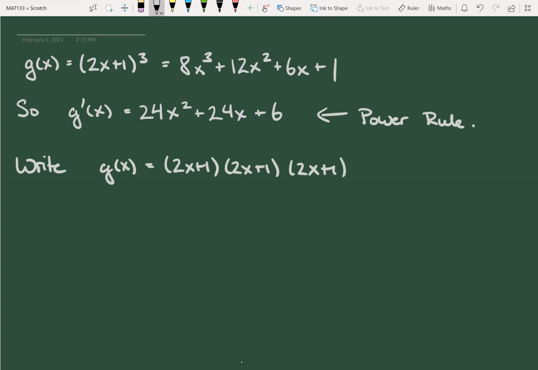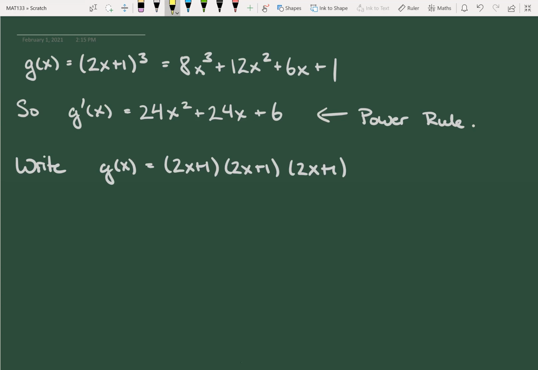Most of the time, we are interested in working with the products of two functions. And here we have the product of three functions. So does anyone know, I think this is covered in the notes, but I don't think I did it in a video, if you have the product of three functions, how does the product rule change?